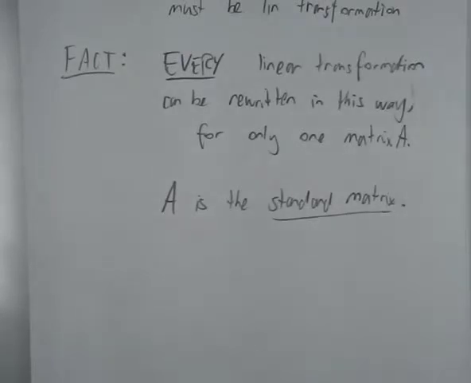You might as well just call it the matrix, but there you go. That's what it's called. I think maybe it's standard because you're treating them as columns rather than rows, because it's possible to have a matrix with rows as well. Okay, so because there's only one way, if someone says find the standard matrix, if you can think of a matrix that produces that answer, it must be the answer.